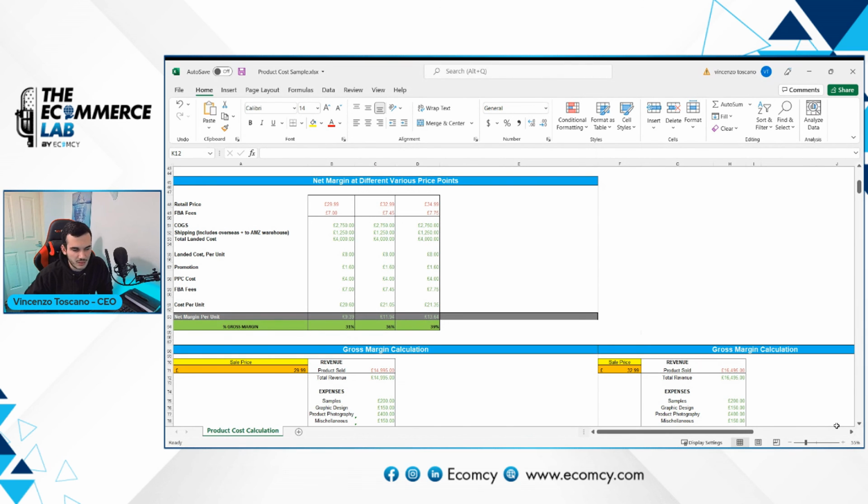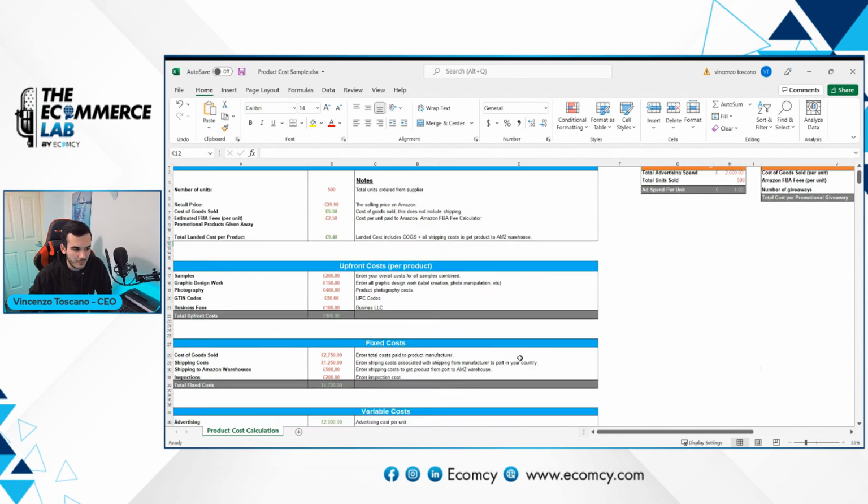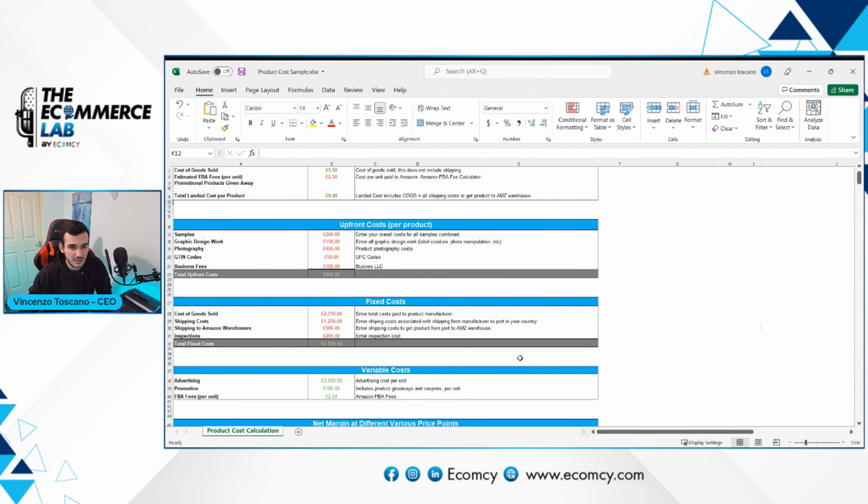Overall, as a conclusion for today's episode, whenever you are calculating whether you're going to launch a product on Amazon or not, make sure you understand all the fees in depth and use some kind of report like this to understand every single metric in terms of expenses. Again, there are other expenses we are not including.